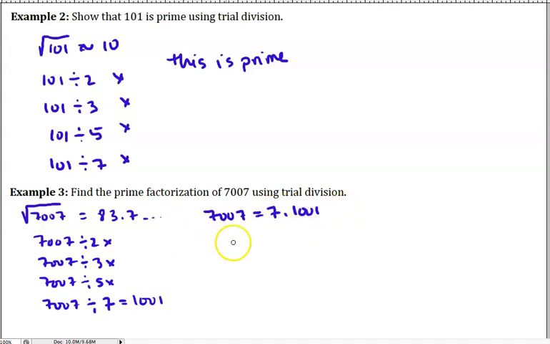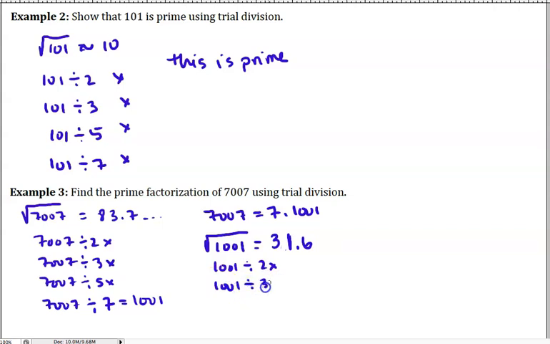Now you start the process again. Let's take the square root of 1001, and that's approximately 31.6. Then we do trial division with this one. It doesn't divide by 2.